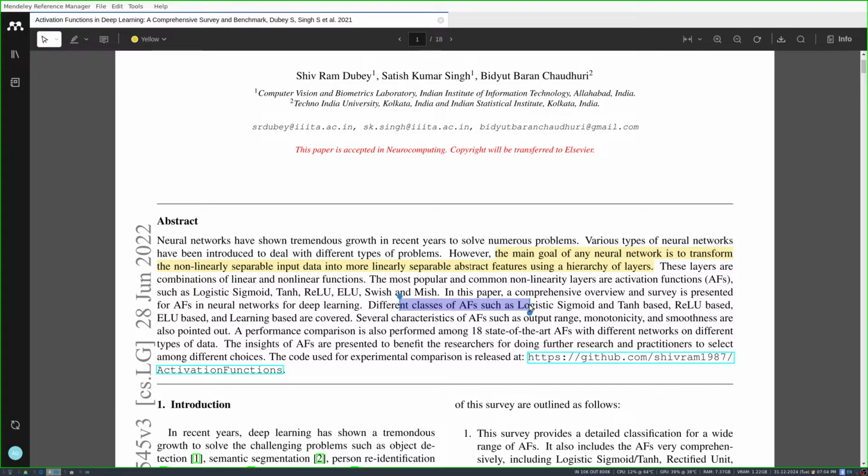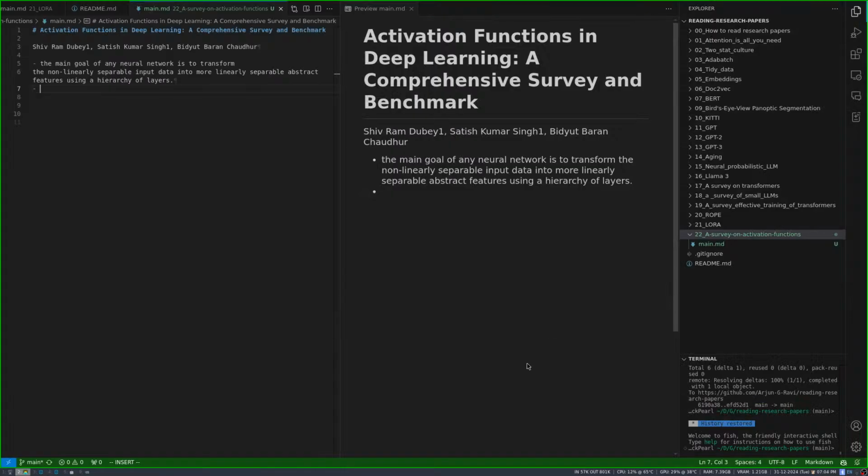Different classes of activation functions such as logistic sigmoid, tanh based, ReLU based, ELU based, and learning based. Several characteristics of activation functions such as output range, monotonicity. I don't know what that means.